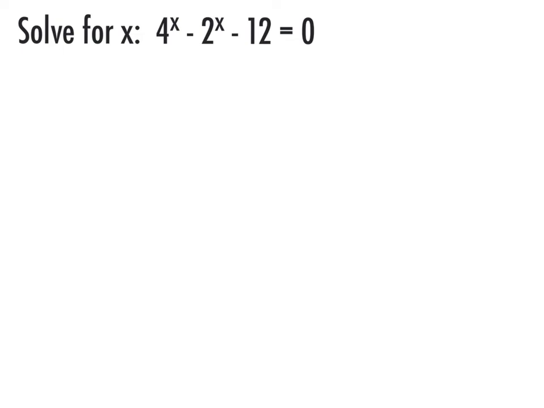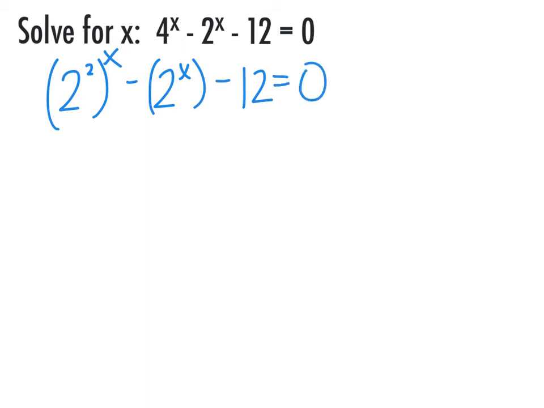Let me show you. The first thing that I hope you see is that this 4 to the x and 2 to the x have a relationship among the bases. So I'm going to rewrite 4 to the x as 2 squared, or 2 to the 2, to the x, minus 2 to the x, same deal, minus 12 equals 0. So these almost look the same as that.